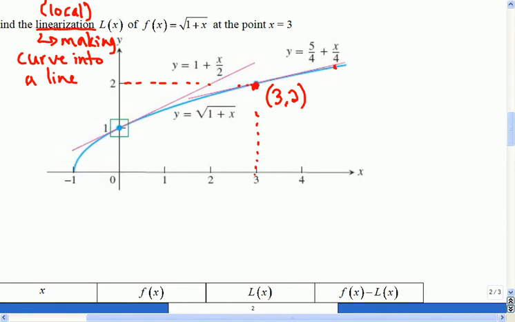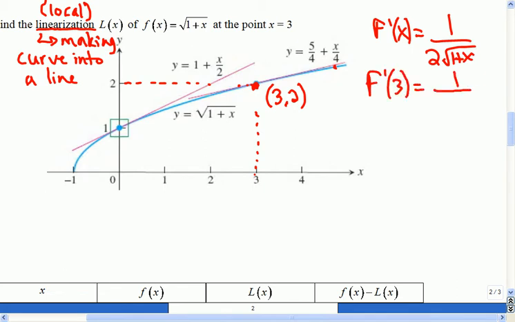The first place we want to start is to know what that slope is. So to know what the slope is going to be, I need the derivative. And I'm looking for it at 3. So that'll be 1 over 2 times the square root of 1 plus 3. So this is going to end up being 1/4 for the slope. So point and slope, the line that hopefully you were able to come up with would look like this.